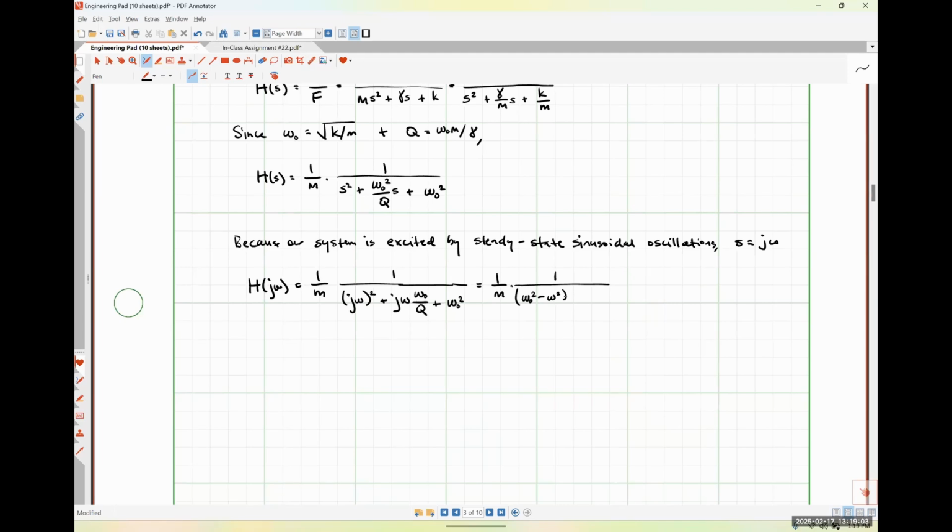Just to be clear here, omega naught is the resonant frequency of either my sense mode or my drive mode, and omega is the frequency that I'm actually exciting it at. So those could be different things. I don't have to excite it at the resonant frequency.